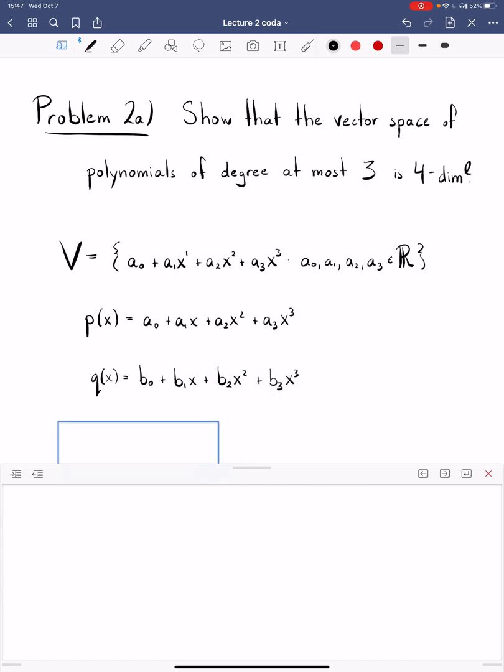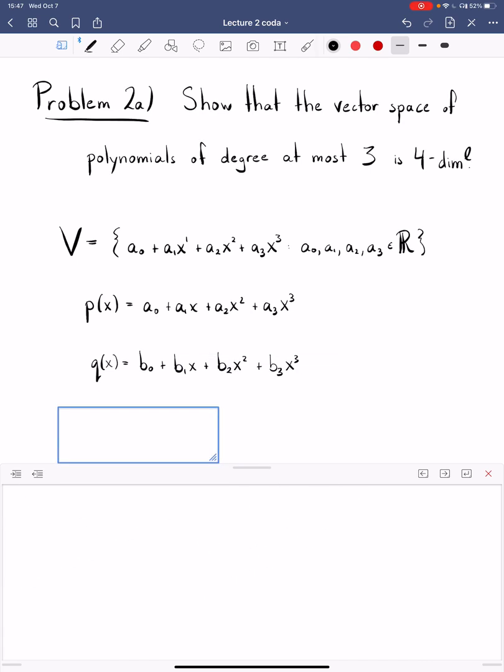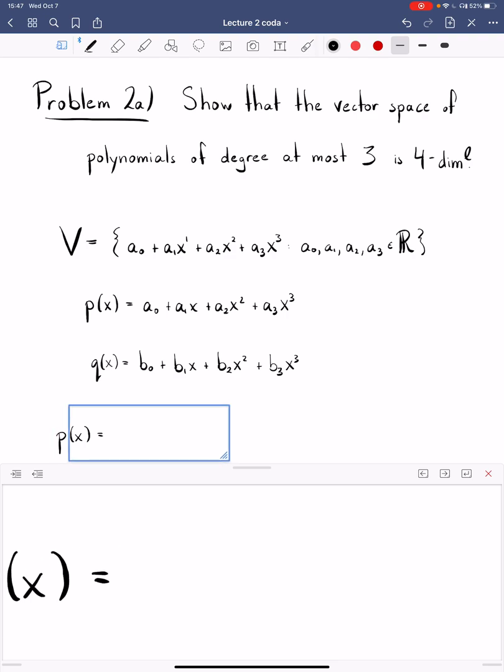How is vector addition defined in this vector space? What does it mean to add two polynomials together? Well, this is the definition of adding two polynomials.